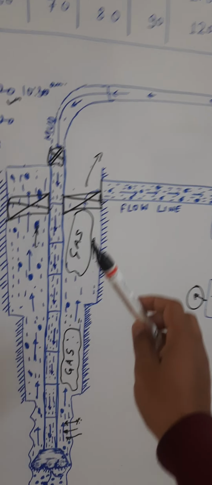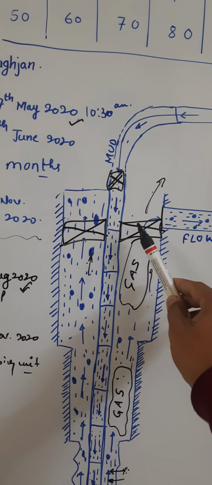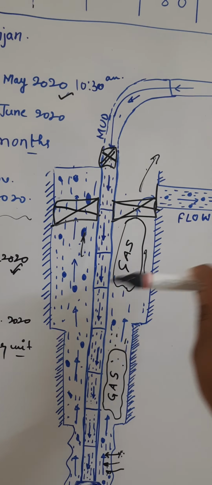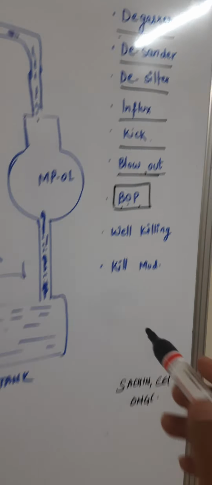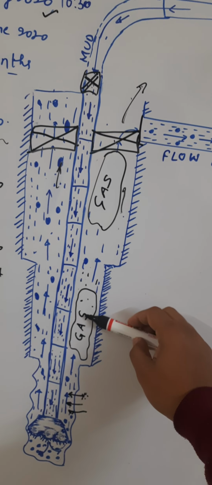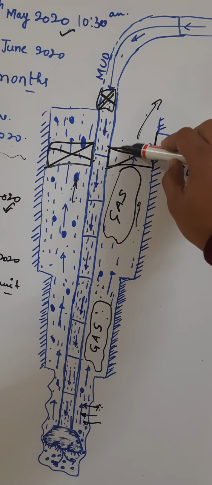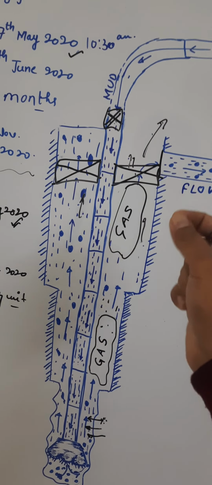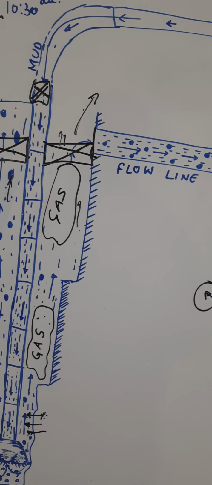So we close it from both ends, incoming path and outgoing path. So whatever is inside will stay inside. And then we do a process called well killing. Well killing is the method in which the influx which entered into the well is removed slowly at a controlled rate, and some heavy mud is pumped.